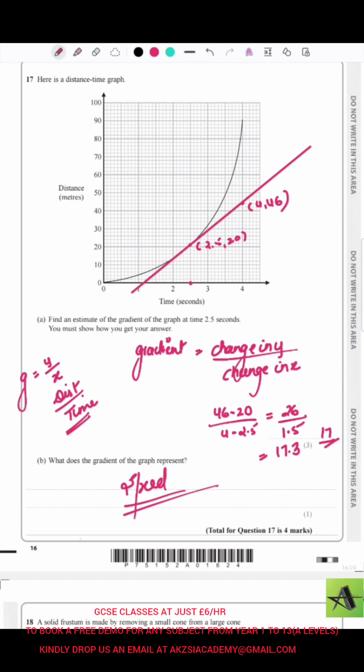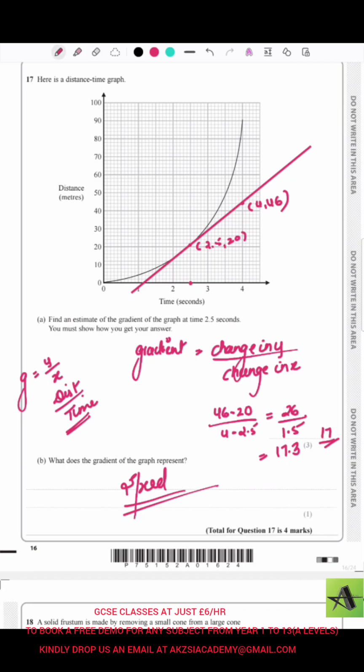So what will it give you? Distance over time is speed. Here in place of distance, if it's written as displacement, then it would be velocity. If velocity is written here, then change in velocity over change in time will give you acceleration. So you just have to put the units in the formula, and you can calculate what the gradient will give you.